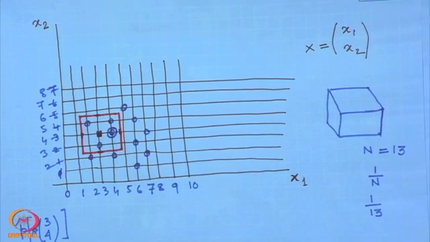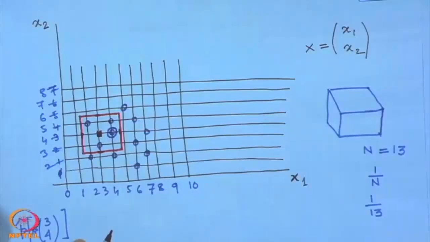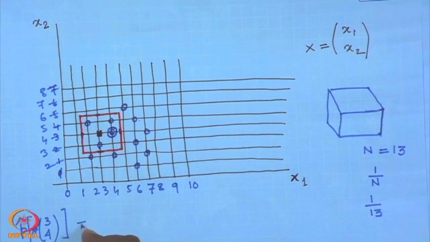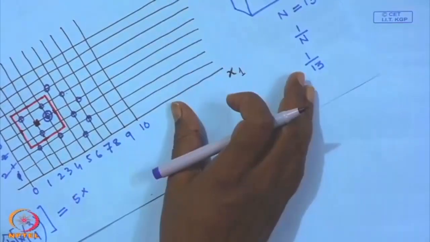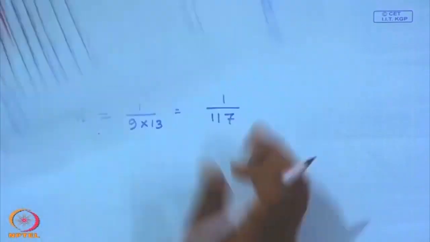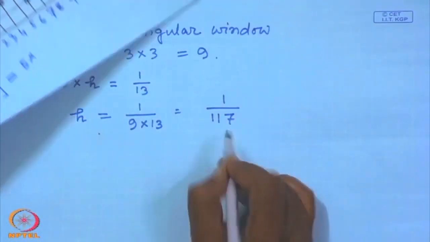As a total of 5 samples are falling in this box, the probability estimate P of x equal to 3, 4 will be 5 times the height of the box, as we have computed, which is 1 upon 117.